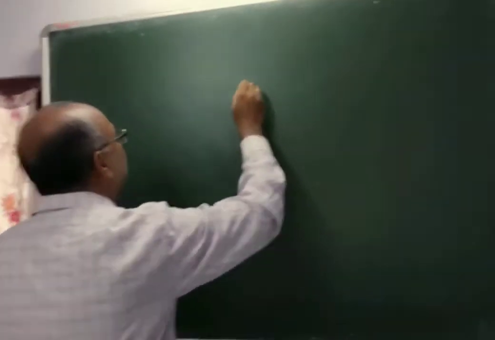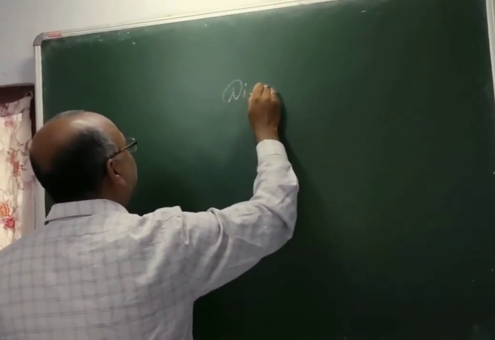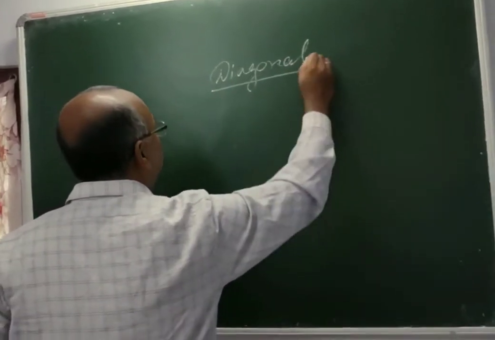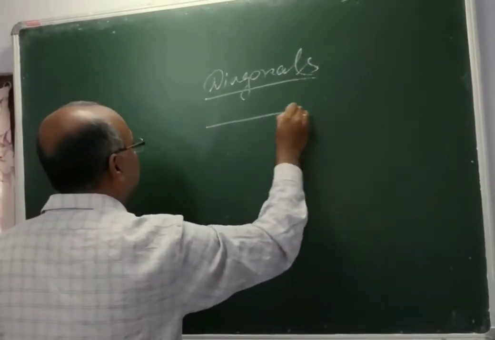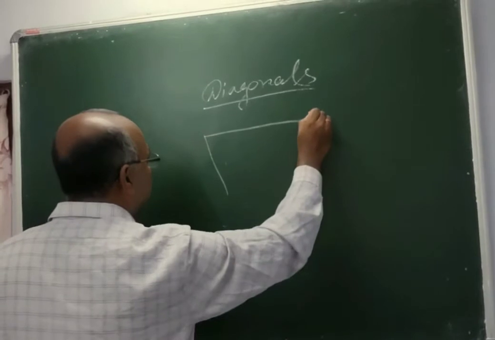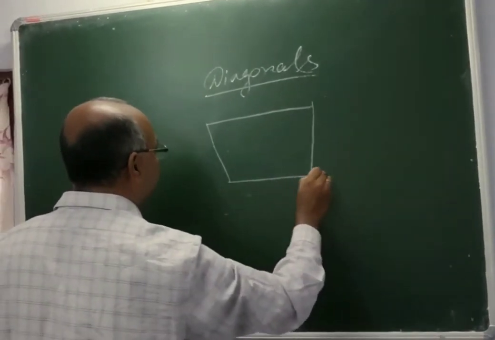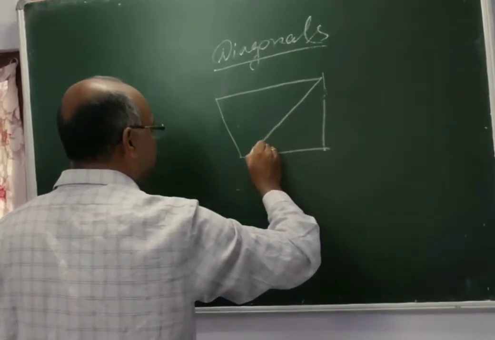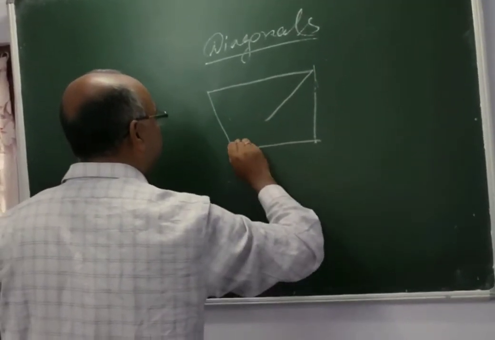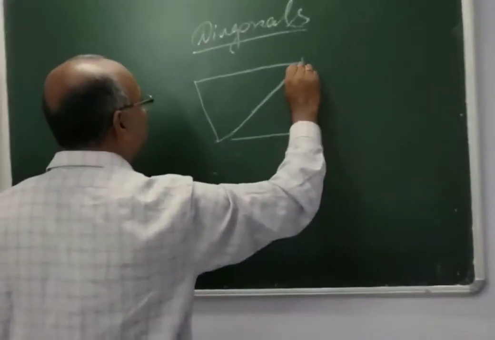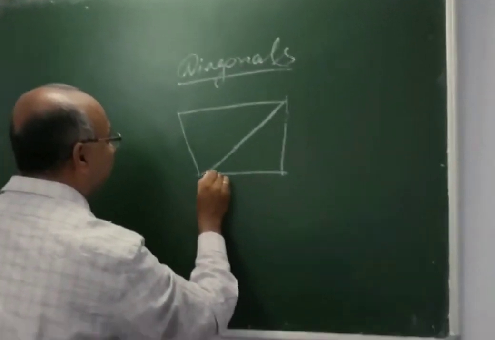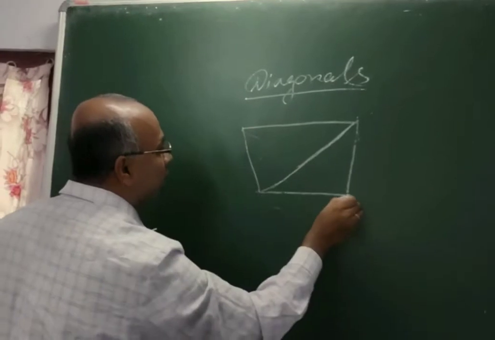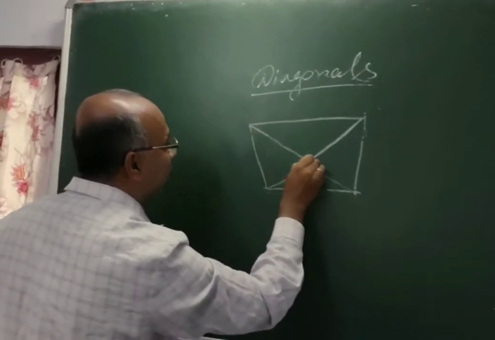Diagonal means what? For any quadrilateral, if we join a line from corner to corner, this is one diagonal and this is another diagonal.